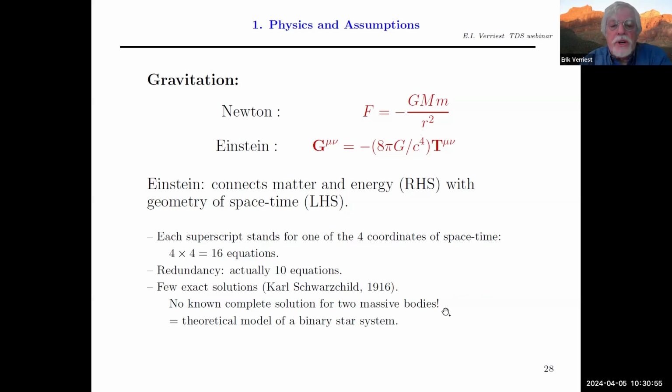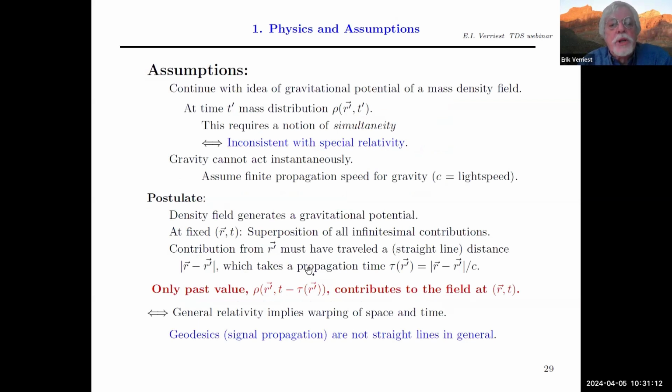But even for a simple case of two massive bodies, there is no explicitly known solution for this problem. Only computer simulations can get there. And such a simple problem is actually a theoretical model for a binary star system. So because of this complexity, it would be of interest to find a simplification. And so I'm getting a simplification here with the following assumptions. We continue with the idea of the gravitational potential of a mass density field.